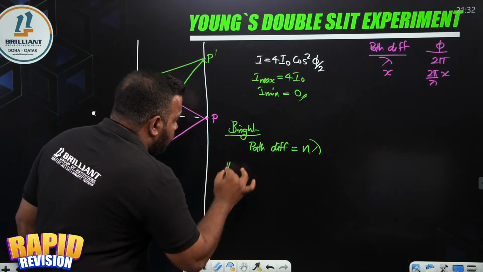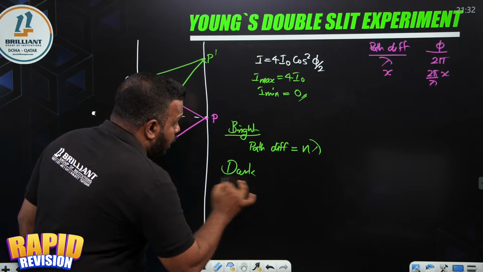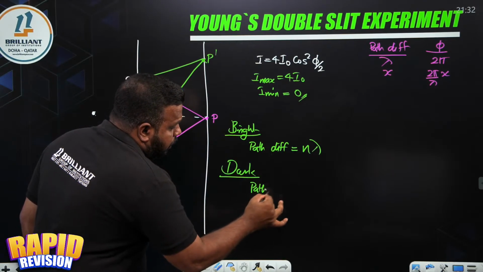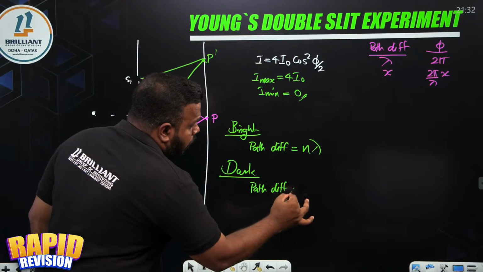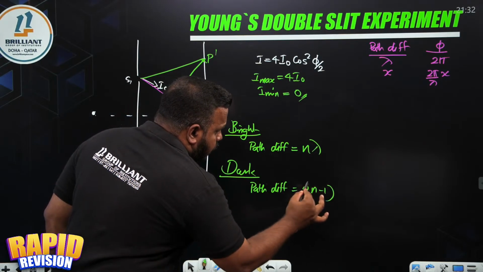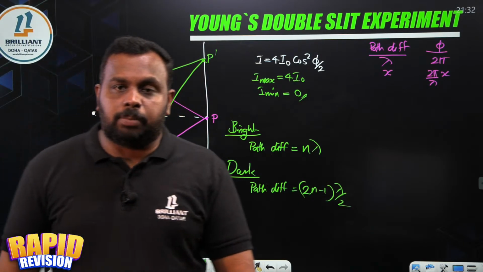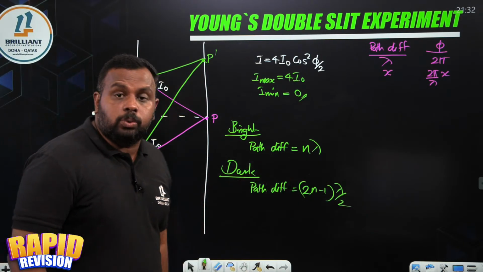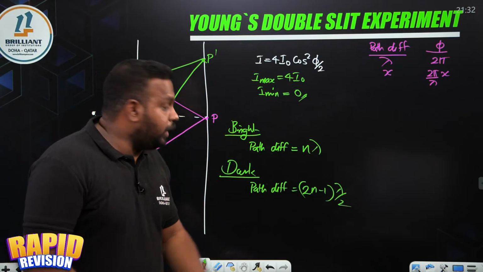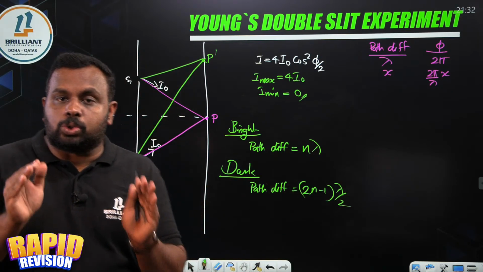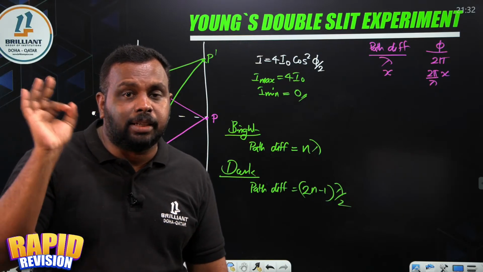And at the same time, for it to be dark, the condition is path difference is equal to (2n minus 1) into lambda by 2, where n is equal to 1, 2, 3, etc. These conditions are also very important for bright and dark.